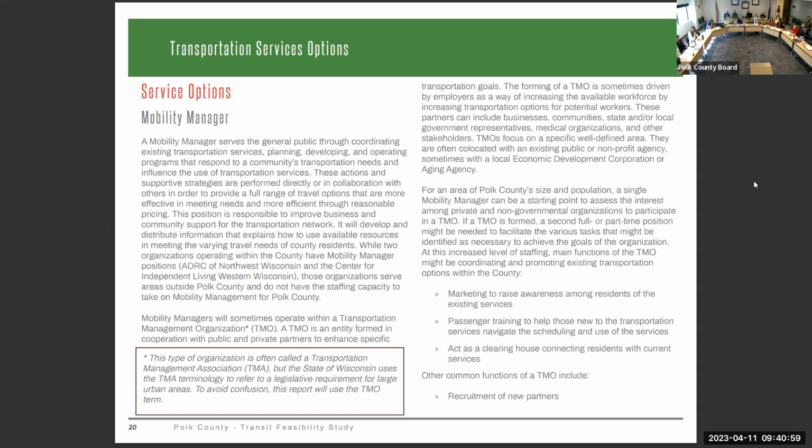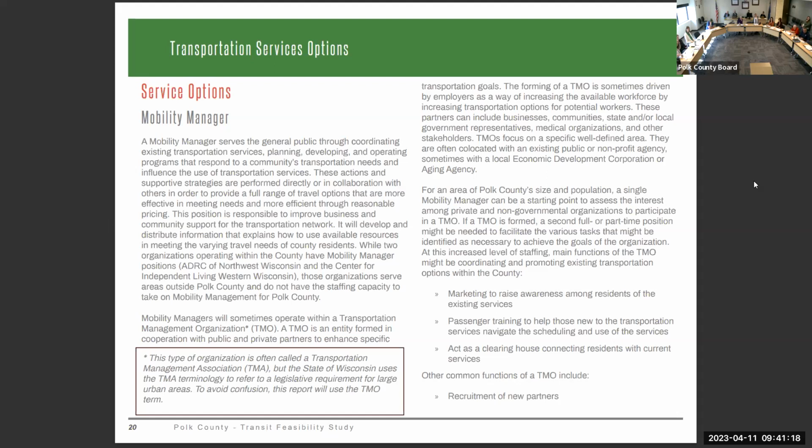There are organizations called transportation management associations in most places. That has a specific legislative meaning in Wisconsin. So sometimes they're called transportation management organizations, and that's the terminology I used here to avoid any confusion.